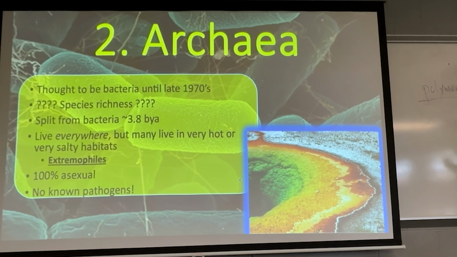They can live on the surface of ice. They can live, as I mentioned, at high temperature. So they can live in all these really extreme places because of their protein structure and their metabolism. The other pretty cool thing about them is there are no known pathogens that are archaeans. So none of them cause infection in us like some bacteria do.